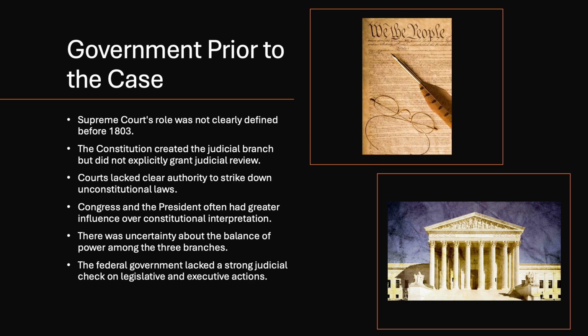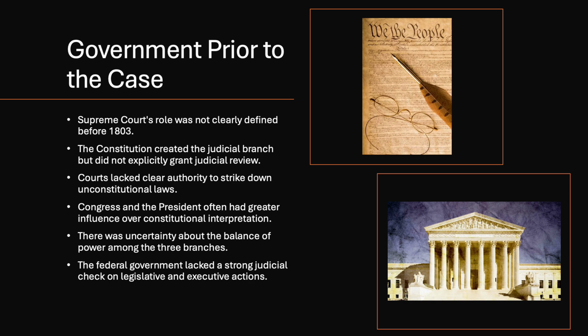So we need to talk about government prior to the case. Before Marbury v. Madison, the role of the Supreme Court was a lot less defined than it is today. The Constitution had established the judicial branch, but it didn't really explicitly state that courts could strike down laws that violated the Constitution, which was, in my opinion, an oversight.